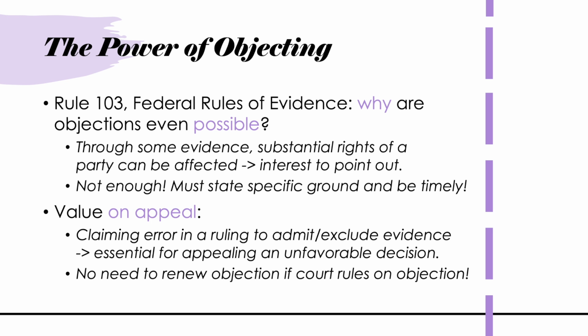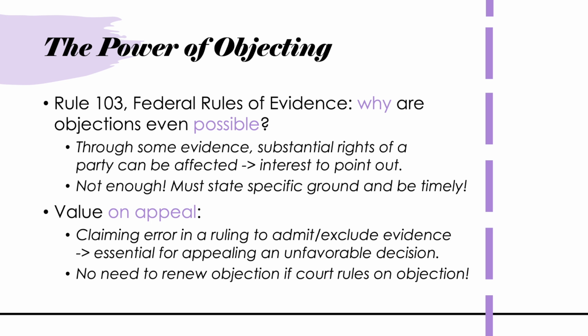Well, Rule 103 of the Federal Rules of Evidence outlines those objections. Essentially, there is some evidence that has an impact on an individual's rights. During a trial, during a legal proceeding, parties have rights. They have a right to due process, they have a right to a jury trial.